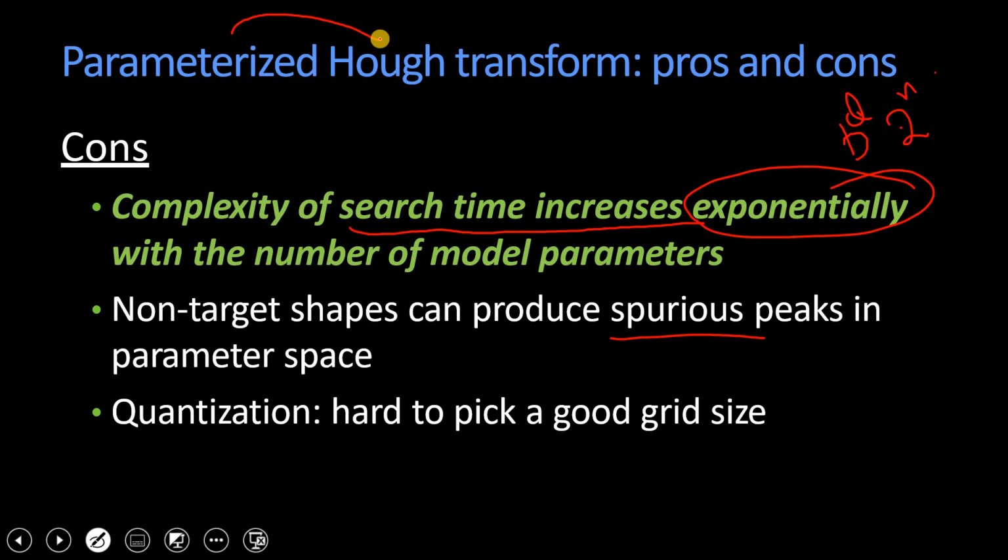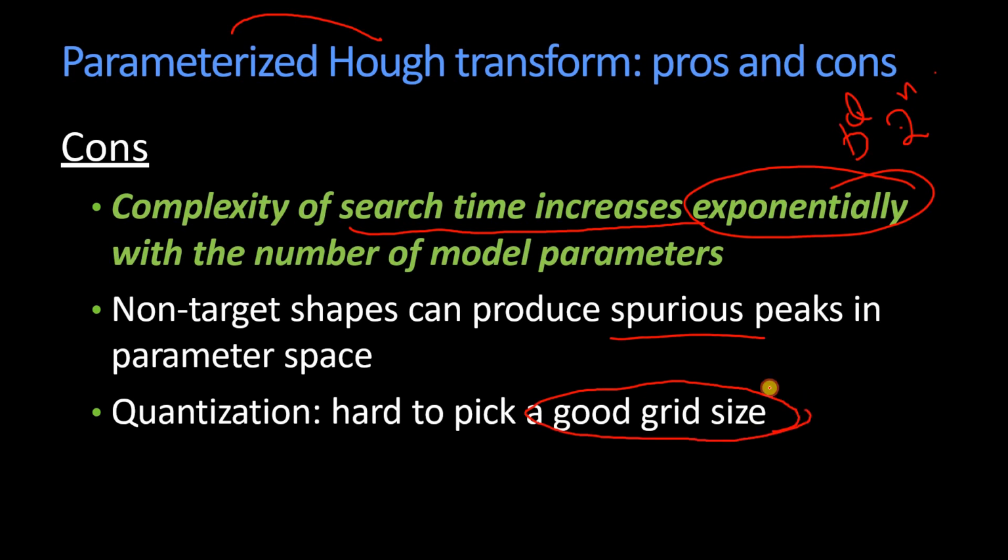And another one is that at times it is difficult to select the size of the grid. Maybe the image is very big, and using it completely for object detection may not be suitable.